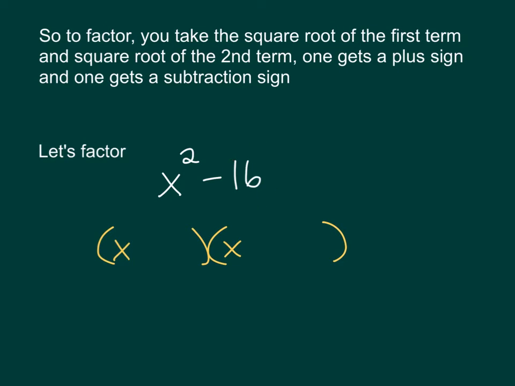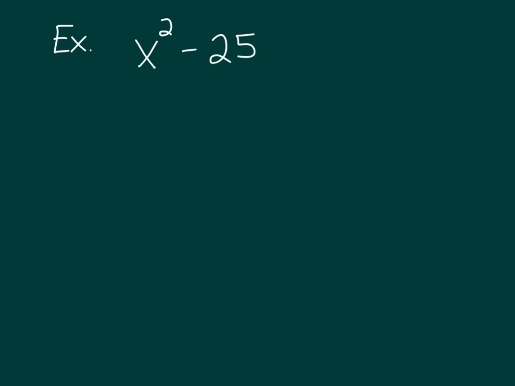Well, the square root of 16 is 4. So I'm going to put a 4 there. And then finally, it says up here, one gets a plus sign, one gets a subtraction sign. That is this. Minus, plus, or vice versa, plus, minus. Again, we can do a quick check and multiply this through, and you would get x squared minus 16.